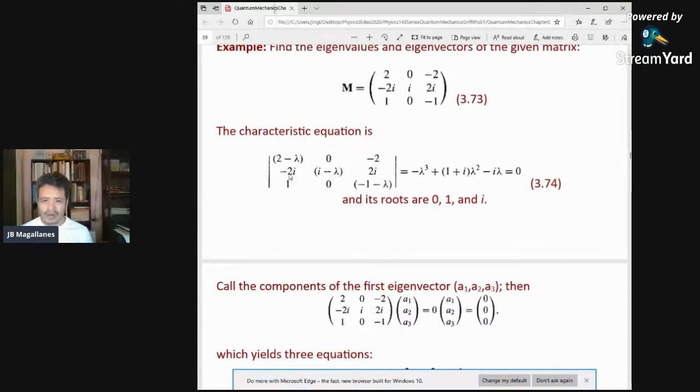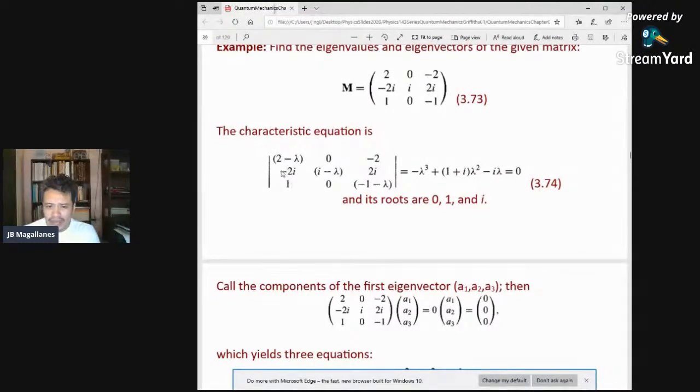And so when you get the determinant, it would just be negative 2 minus lambda times this quantity minus this quantity. And then 0 times this quantity minus that quantity. And then you have negative 2 times this quantity minus that quantity.